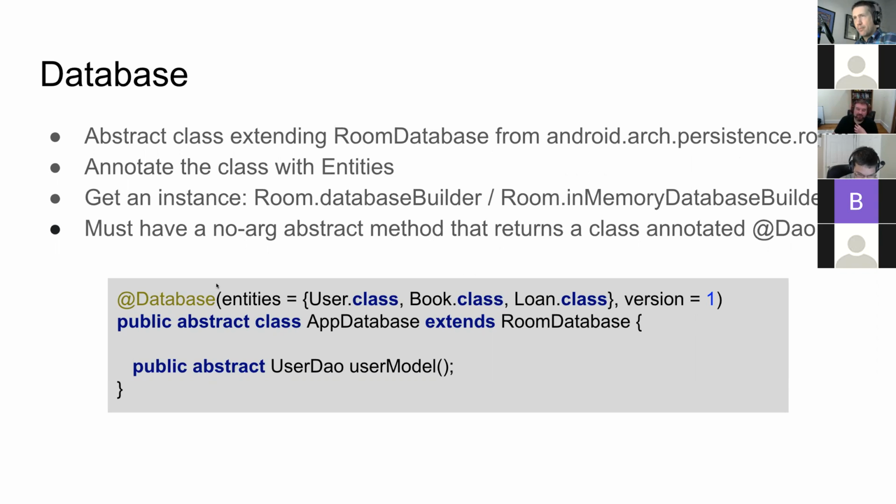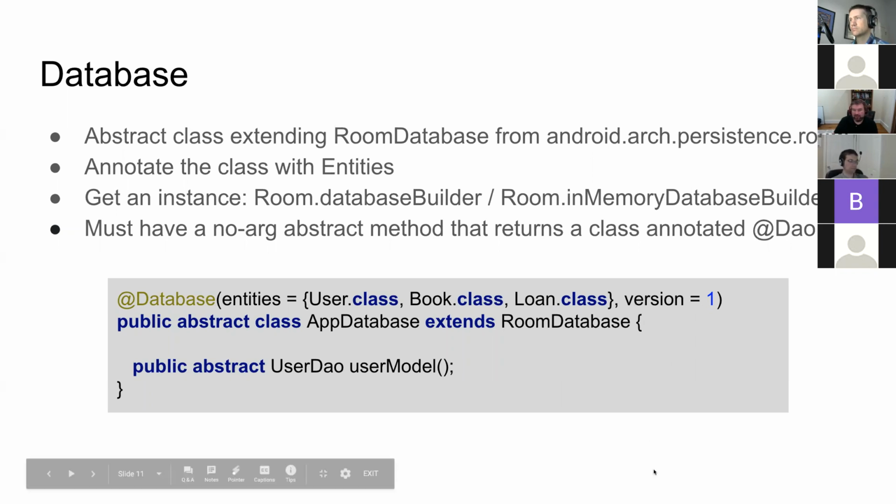Here's your abstract class that is extending RoomDatabase, and we're providing it as part of the database annotation with our model objects. So we have a user class, book class, and loan class that are going to define the fields that are the columns in our database tables. Then we have some version number that's associated with it so that we can do migrations later.